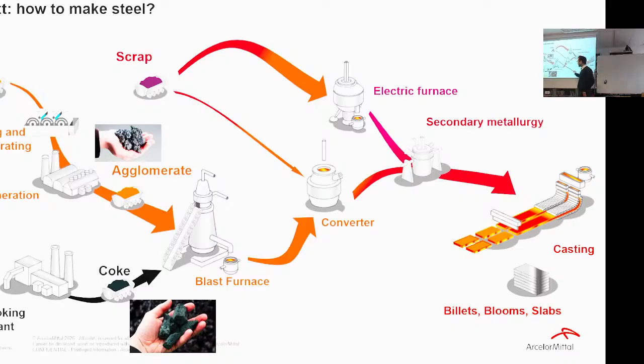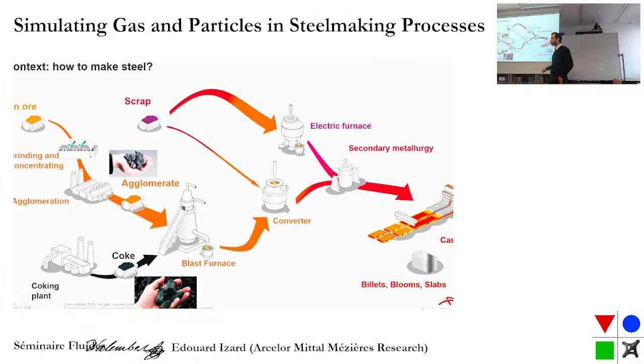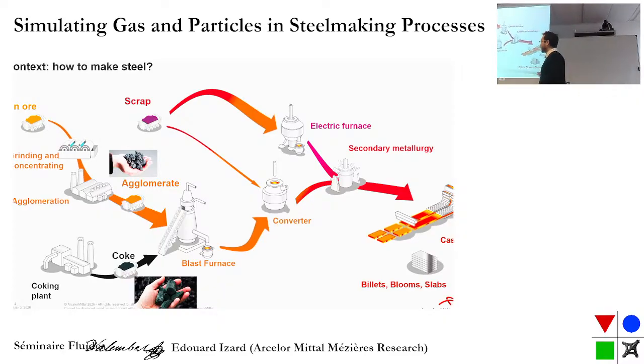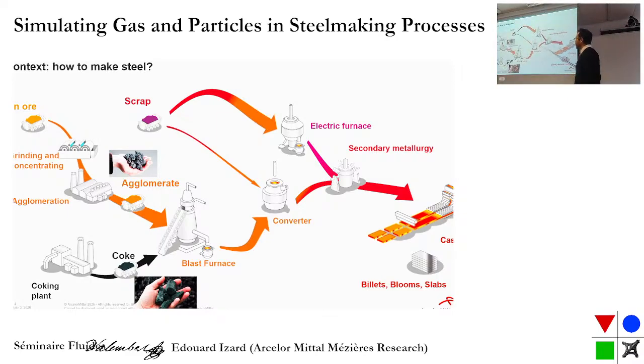Once we have the pig iron, which is liquid raw material for the steel, we have several other steps in the processes where we add chemistry, and so it's called secondary metallurgy. We also have another material that we can reuse.